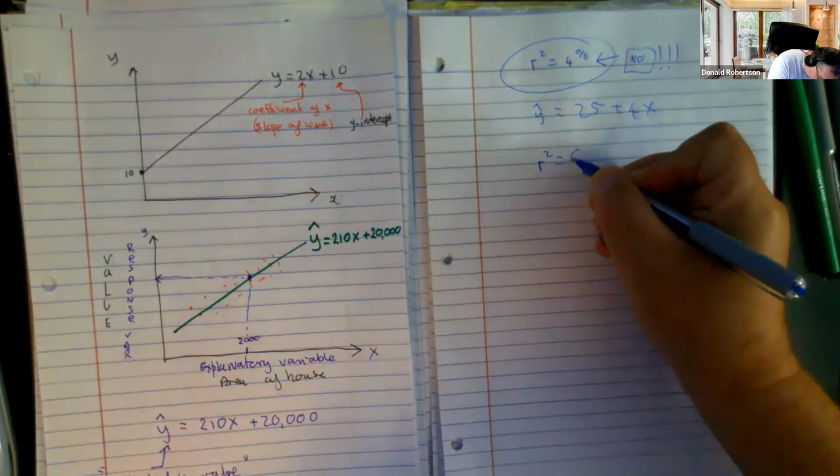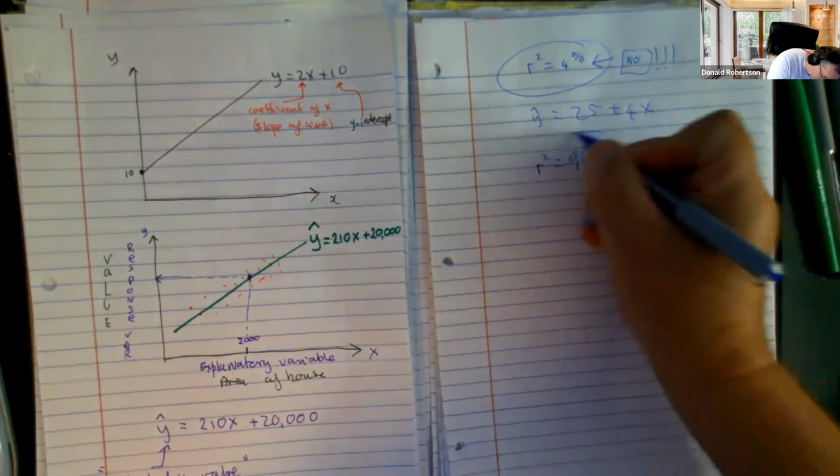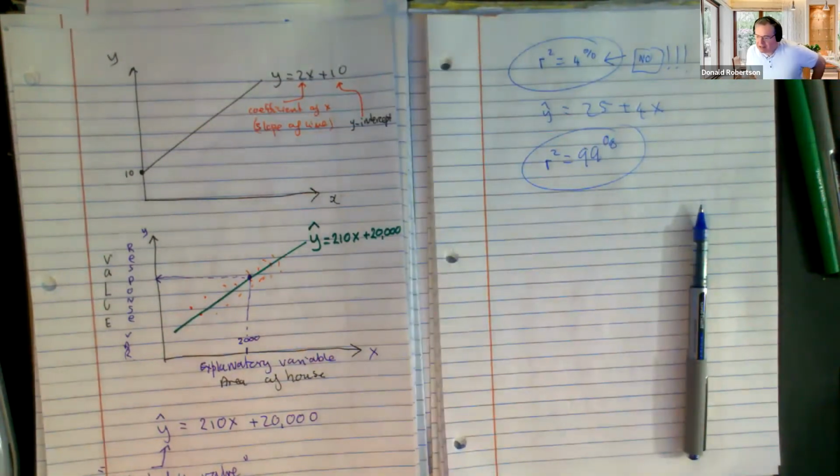If you get an R squared of 99%, should you use it to predict? Heck yeah. In fact, you'd be really good at getting really close 99% of the time. You're going to be wrong a couple of times. That happens with everybody. But aren't you going to be pretty good most of the time?